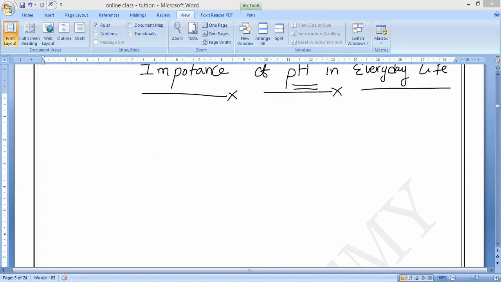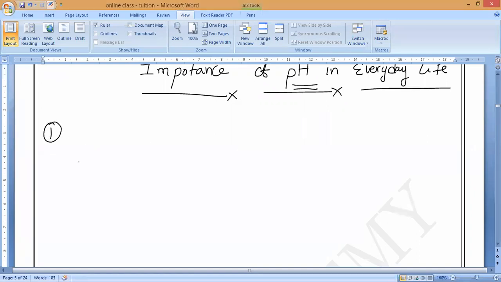So that is why we are going to study now, for today's class, the first importance of pH in our everyday life. What is the first importance? First humans, because we are the most highly developed animal. Human digestive system.